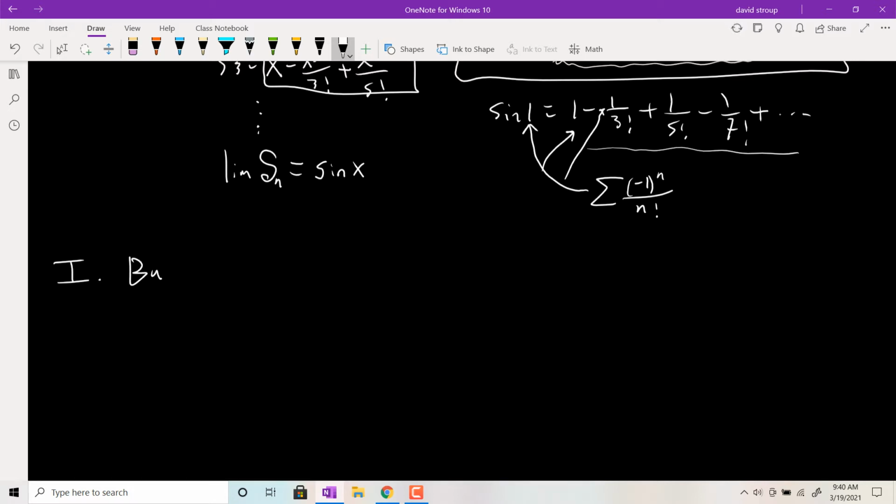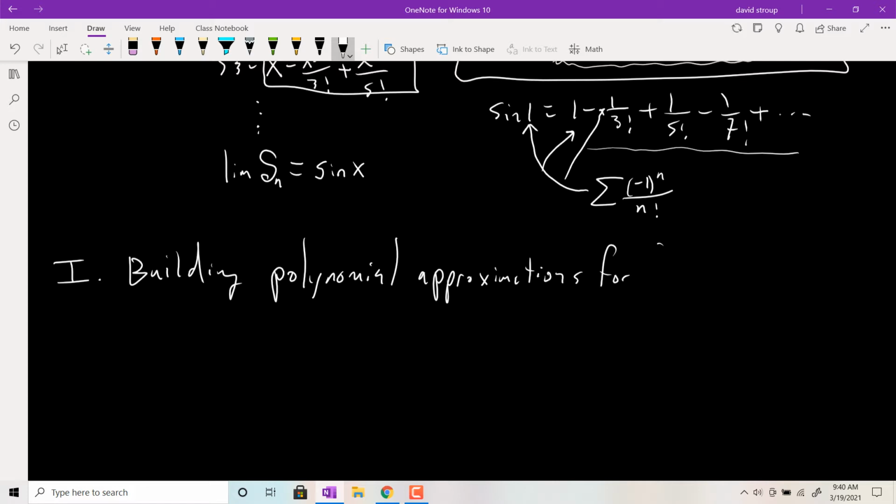So building polynomial approximations for functions f of x.